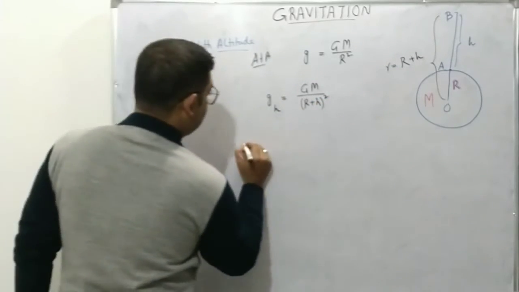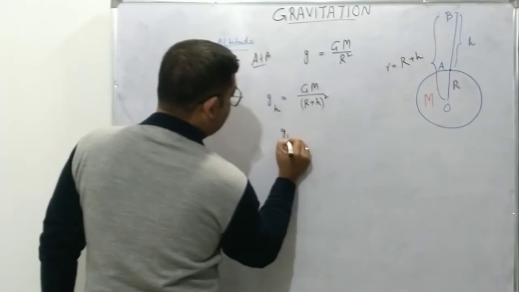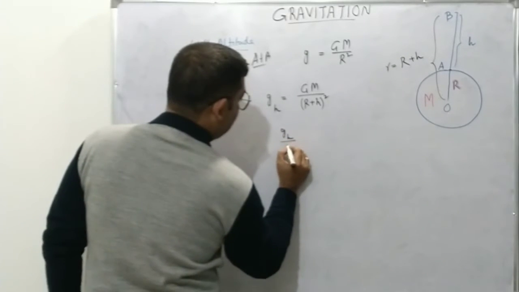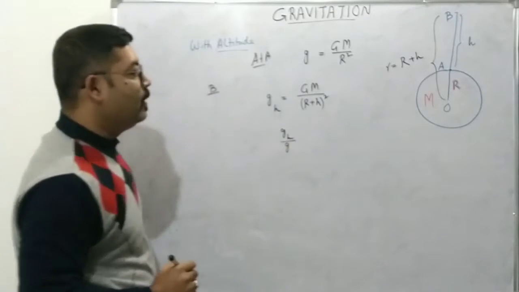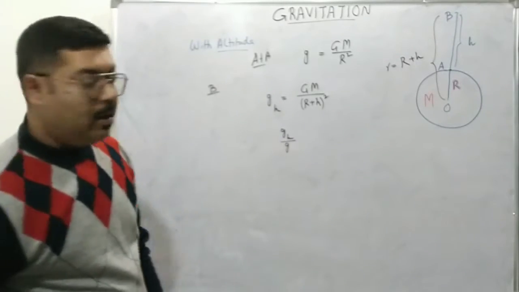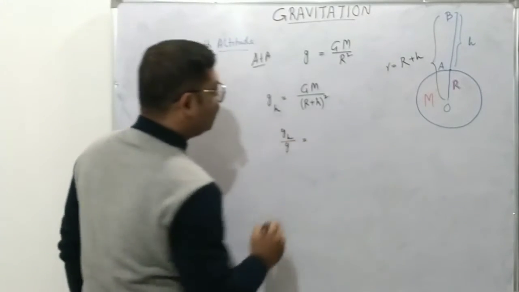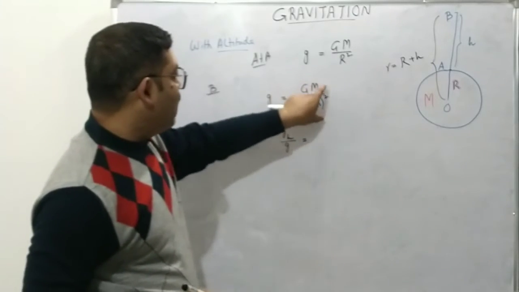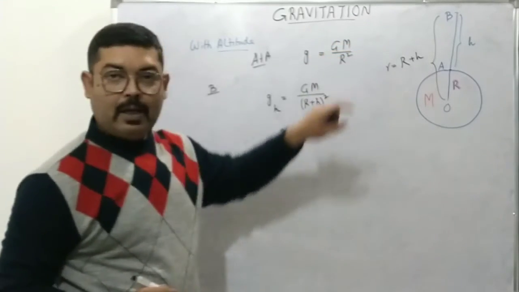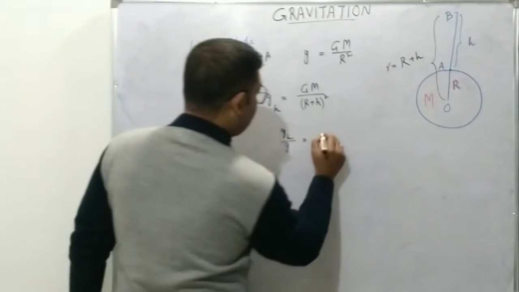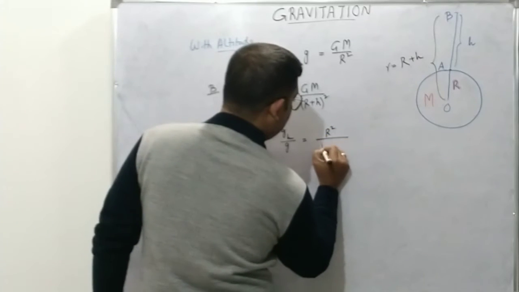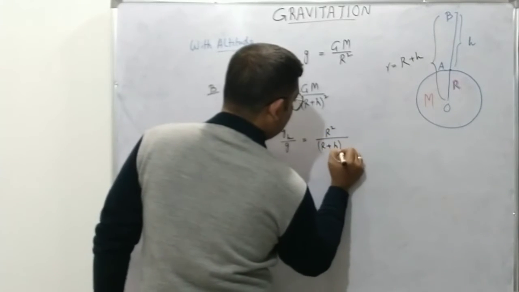Which means that the acceleration due to gravity at a height with respect to the acceleration due to gravity on the earth's surface will simply be GM by R plus h whole squared divided by GM by R squared, which will simply be R squared divided by R plus h whole squared.